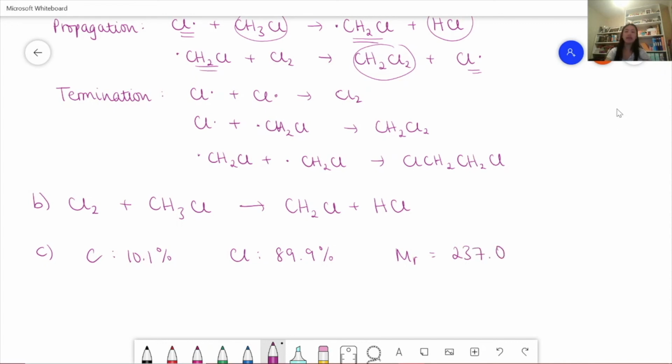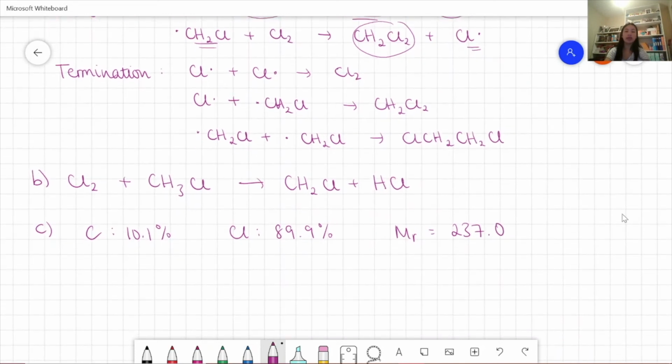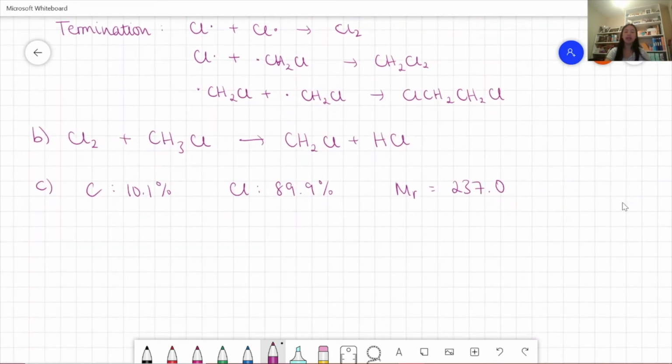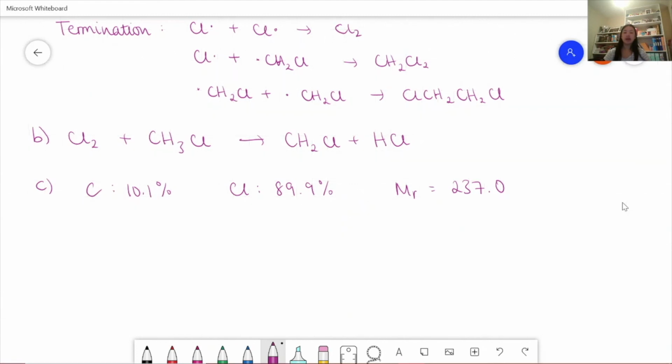And so what we do first is we have to work out the molar ratio of carbon and chlorine. To work out moles from the percentages, we need to divide by the Ar, the relative atomic mass. So the moles of carbon is equal to 10.1 divided by 12, and this gives us 0.842.